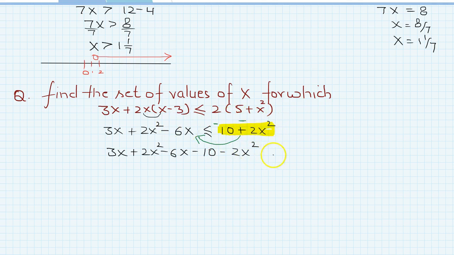So everything has gone that side, so it remains 0 here. Now we try to simplify this. 2x squared positive and 2x squared negative cancel. So what we have is 3x minus 6x is minus 3x, and this is minus 10, less than or equal to 0. Now again we have to take this.